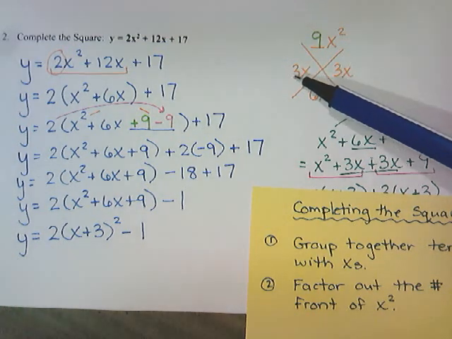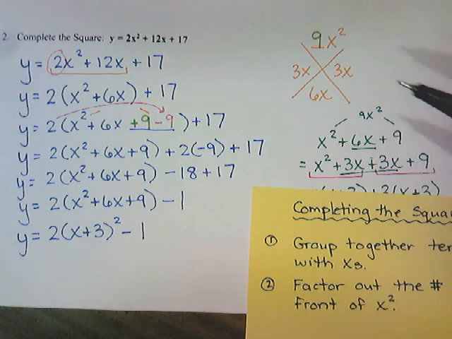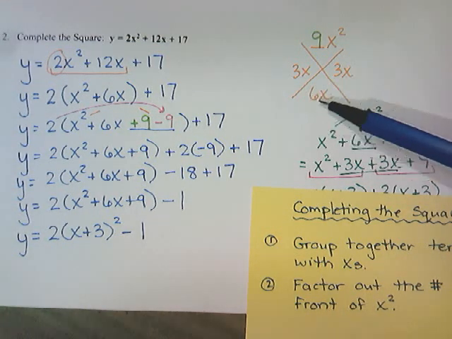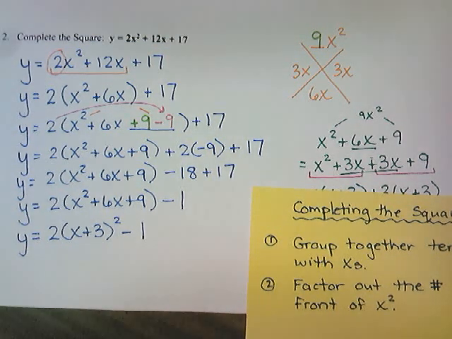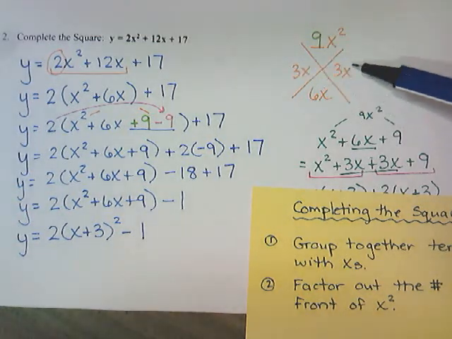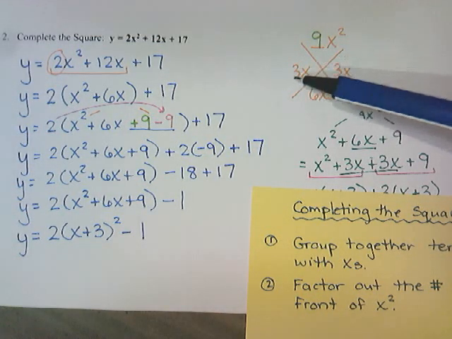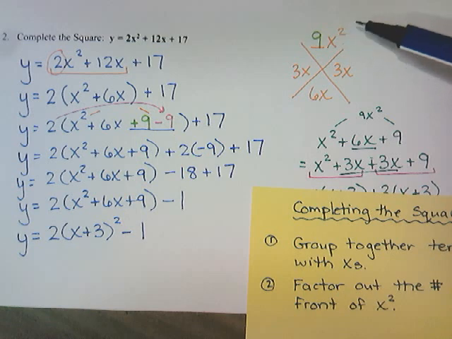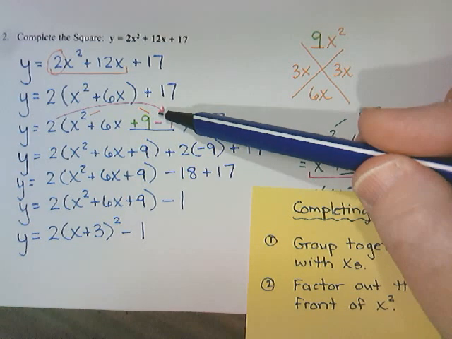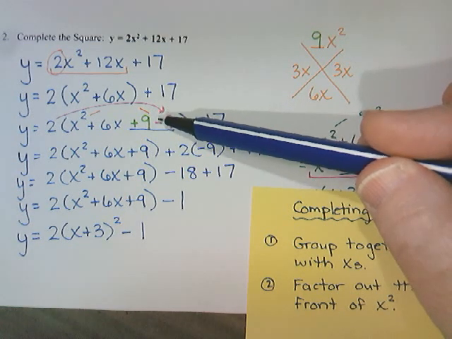So I knew that it had to be 3 and 3 because 3 plus 3 makes 6, and they're the exact same number. A little shortcut for that is to just take your number and divide by 2. And then once we found those two numbers, we multiplied them together to get that top number here, which told me what our missing number was for the bracket.